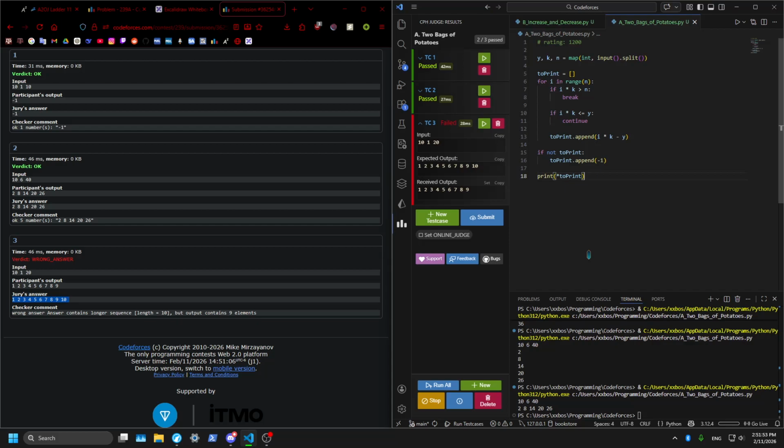We're printing out 11, 12, 13, 14, 15, 16, 17, 18, 19, and we break where 10 is not there. Is it this? Is less than or equal to Y.